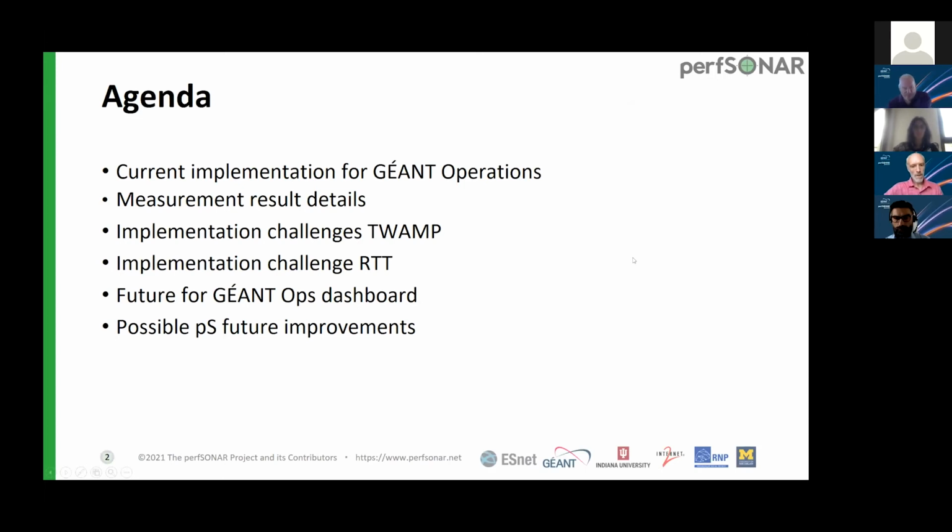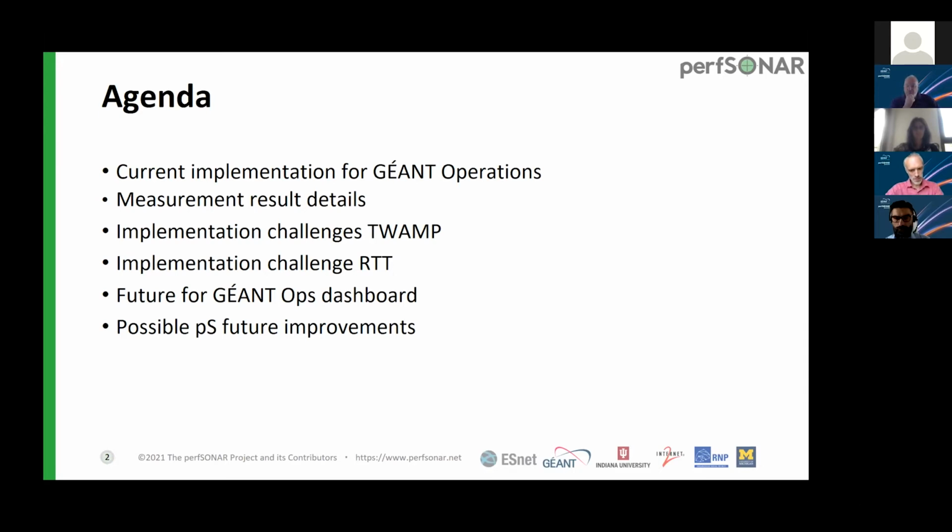Okay, so I'm going to talk about the current implementation for GÉANT Operations and the requirements and considerations there. I'm also going to switch live to the GÉANT Operations dashboard of TWAMP, and we'll see some details of the measurement results, some observations there.